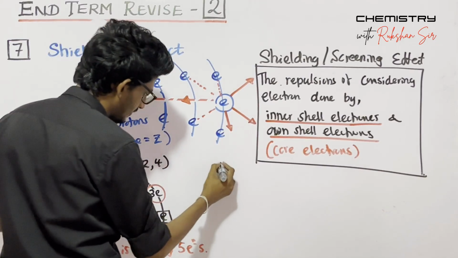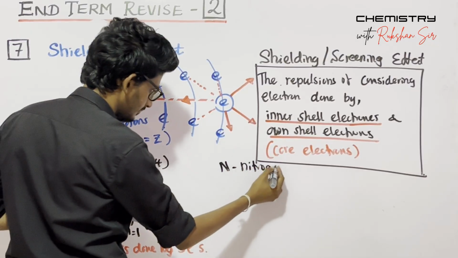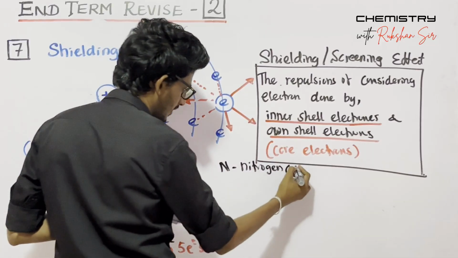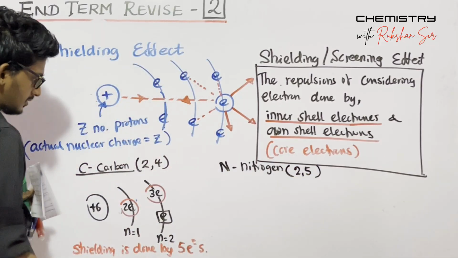But when it comes to nitrogen, as it's the 7th atom, its configuration is 2-5.